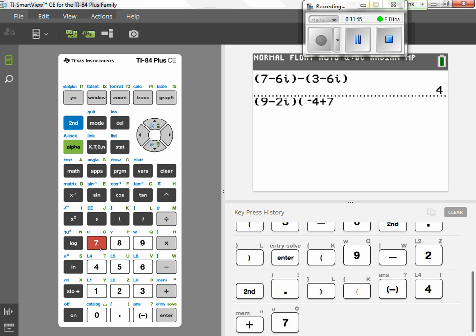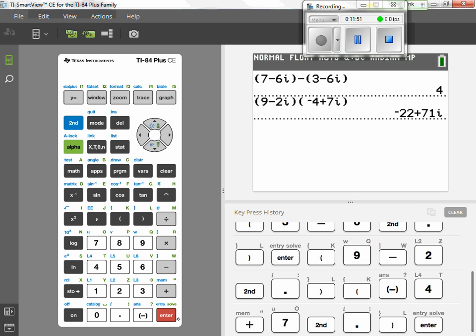So it'll do it for us. It'll give us negative 22 plus 71i.